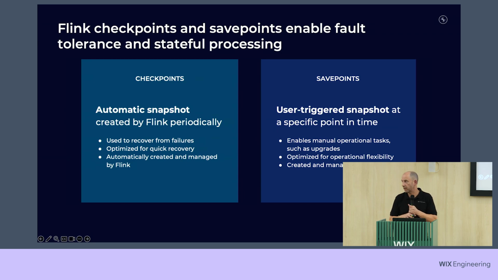So checkpoints are maintained automatically by Flink, and they are executed periodically, taking snapshots for quick recovery. And again, they're automatically managed by Flink. And savepoints are quite the same, but they are more handled by the user in case they want to do some kind of maintenance, whether it's an upgrade or anything else that they need to do. And that's when savepoints are triggered by the users.